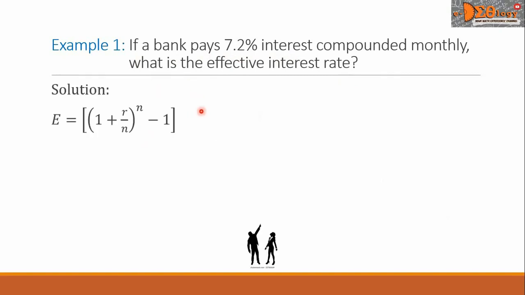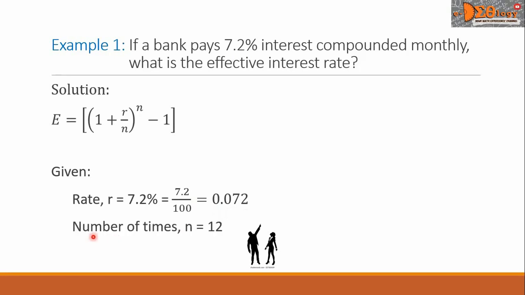Let us write the formula here, and let us begin to write the given of the problem, starting with the rate denoted by R, and that is the 7.2%. Next, we're going to convert this percent into decimal. So we will have the 7.2 over 100, and the quotient will give 0.072.